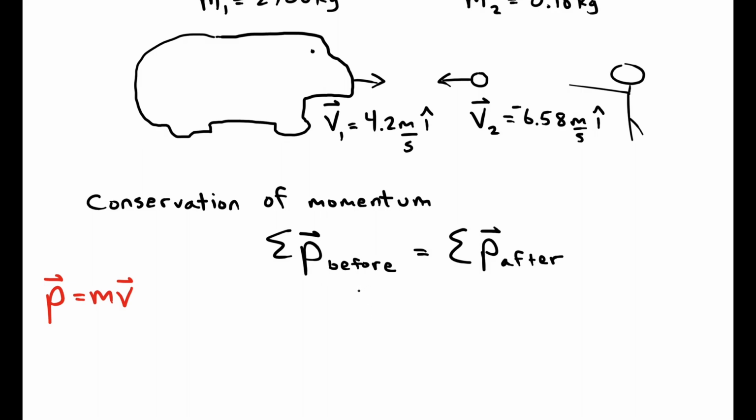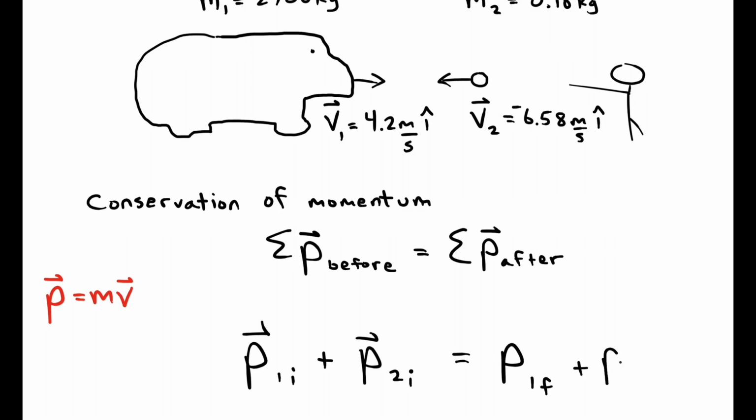So now when we add up all the momentum, we add up the initial momentum of the rhino plus the initial momentum of the ball, and then set that equal to the final momentum of the rhino plus the final momentum of the ball. You need four terms typically when you're having two objects interact. So these are obviously the before quantities, and these are the after.